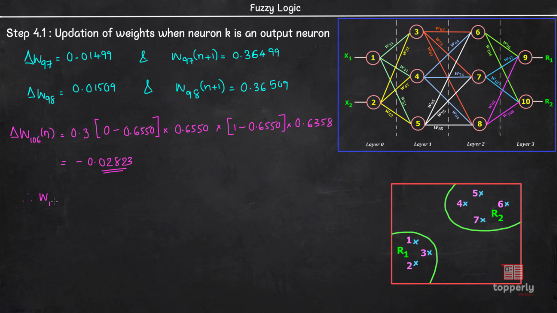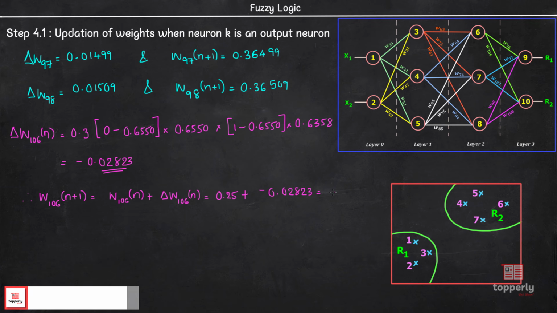Therefore, W106 of n plus 1 is equal to W106 of n plus delta W106 of n, which is 0.25 plus minus 0.02823, which is equal to 0.22176.